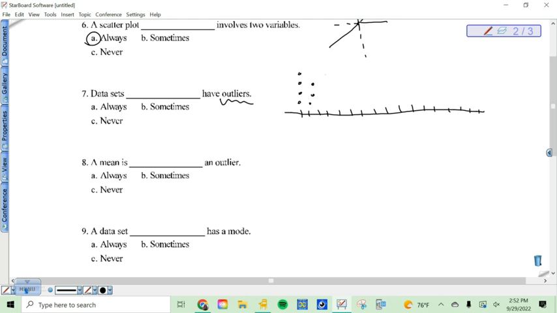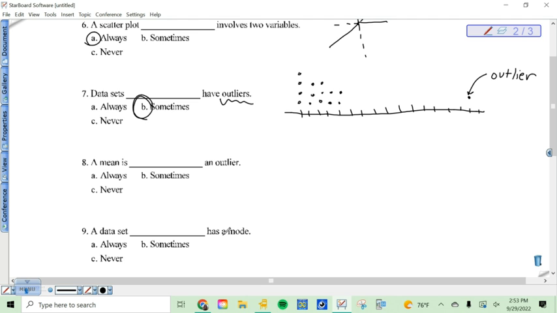Grab that before you go. So if I have a bunch of data points over here, and then I just have like one over there, that one would be my outlier. Yes, sometimes. Sometimes, not always.